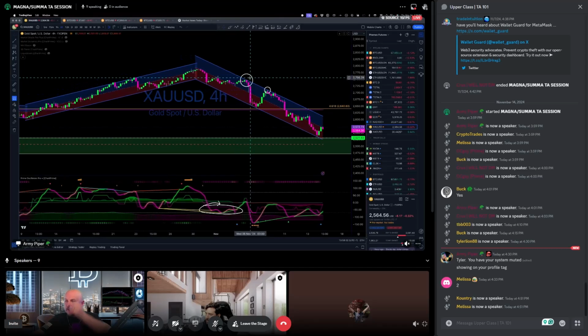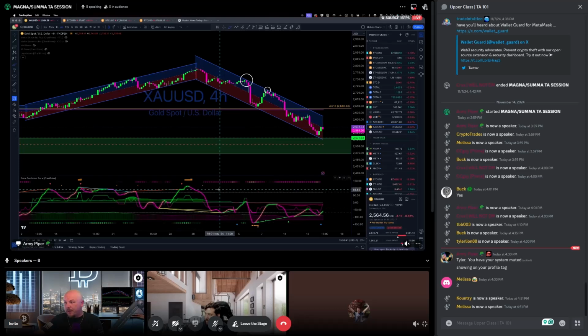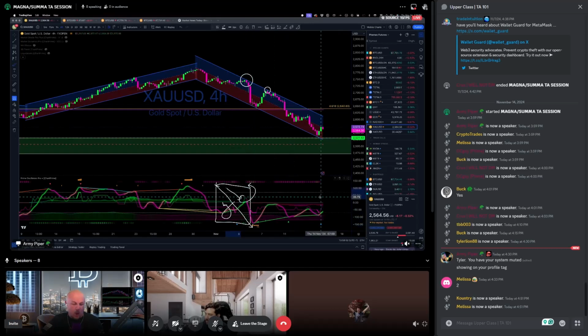So yeah, that's very similar to OC's box that he does on the oscillators, and you can do that with the same up here. He does a box on the oscillator where he'll go, this is the box. Anything in this range, we're shorting. Anything in this range, we're looking for longs.